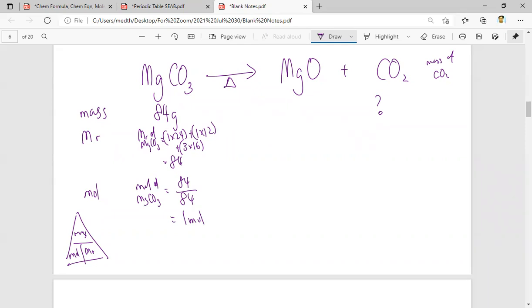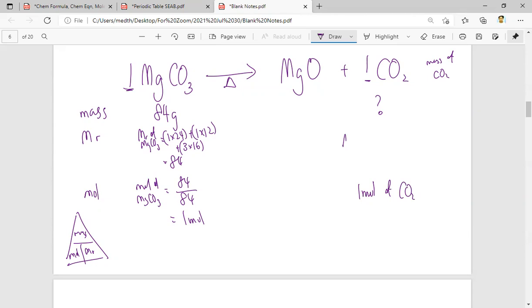Now, if I have 1 mole of MgCO3, how many moles of CO2 will I produce? Looking at this equation, 1 MgCO3 must give me 1 CO2. So if I have 1 mole of MgCO3, obviously I'll have 1 mole of CO2.